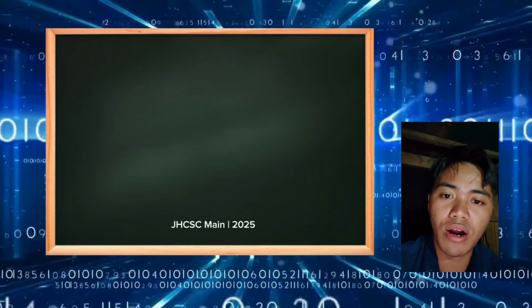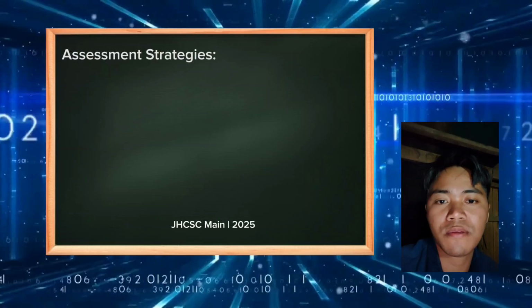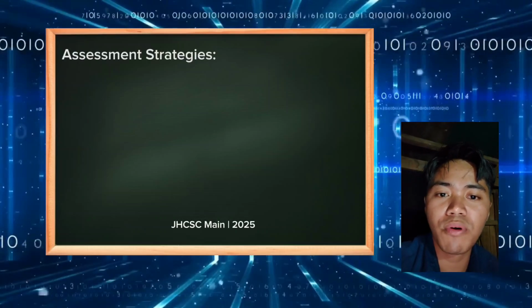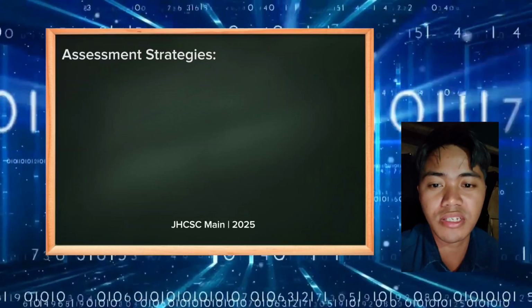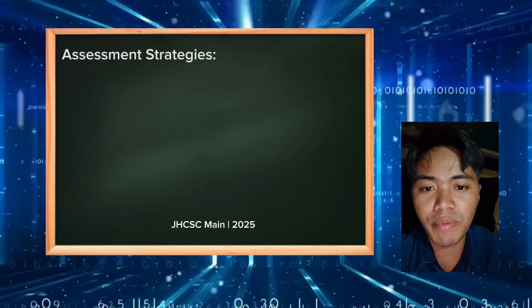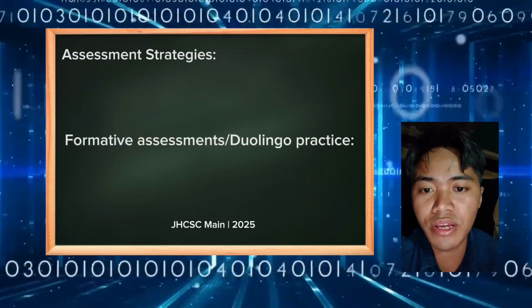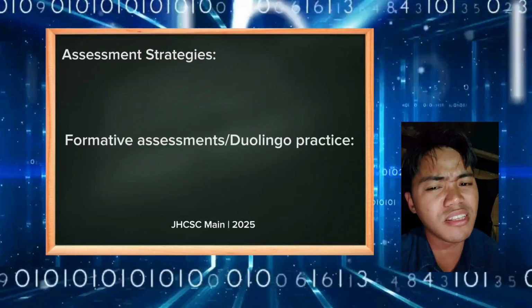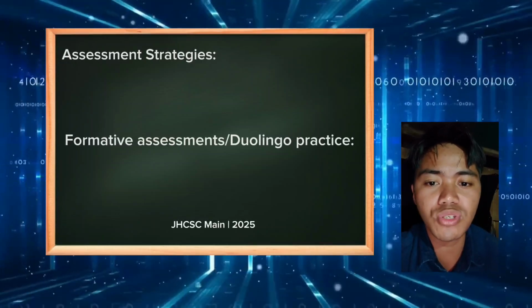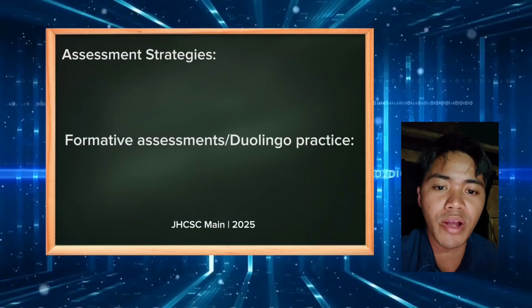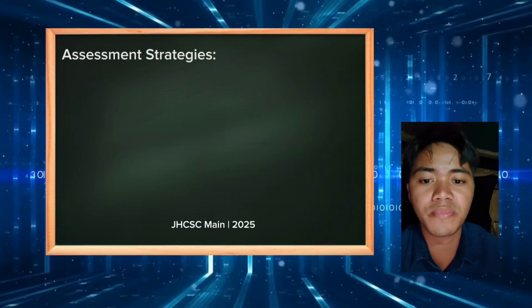Now let's move to our assessment strategy. We're using both formative and summative assessment strategies to track progress. Formative assessment includes Duolingo practice, daily speaking activities, and submitted recordings. This gives students consistent feedback while they are still learning.